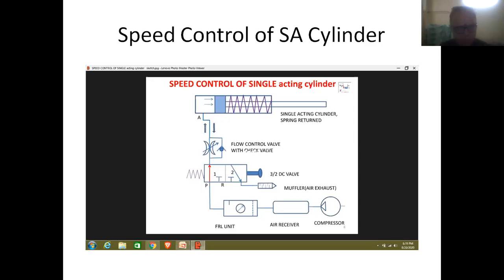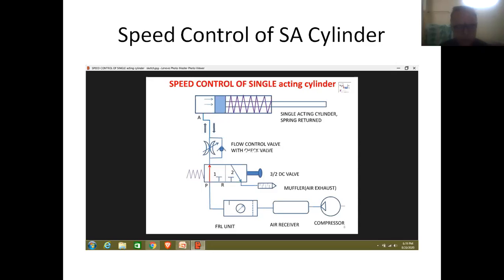So friends, mufflers are not required for operating hydraulic circuits, but for operating a pneumatic circuit we will be using high pressure air, and that will generate a lot of sound intensity or noise levels.